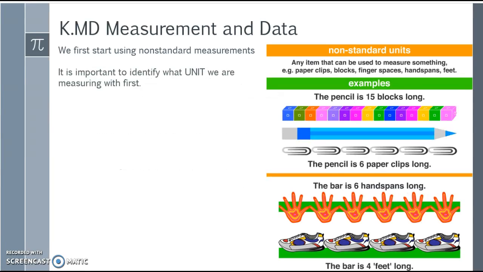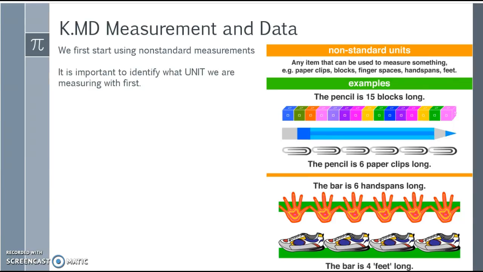We first want to start by going over non-standard units of measure. It's important to identify what is the unit we are measuring with first. Emphasizing unit is so important when we move to fractions in third grade and introducing fractions in second grade. The unit is very important, so students know exactly what they're measuring with and what is being measured.